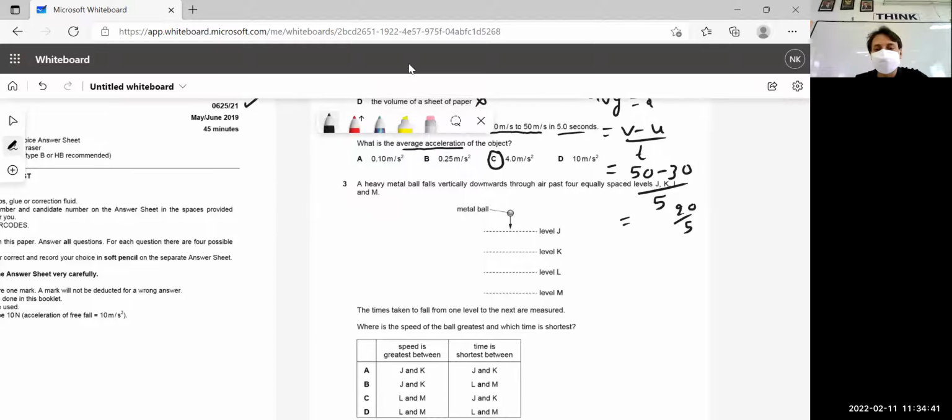In question number 3, a heavy metal ball falls vertically downwards through air past 4 equally spaced levels J, K, L and M. The time taken to fall from one level to the next is recorded. Where is the speed of the ball greatest and where is the time shortest?